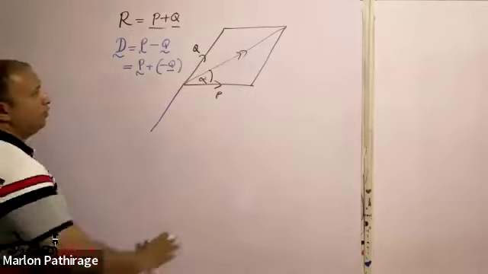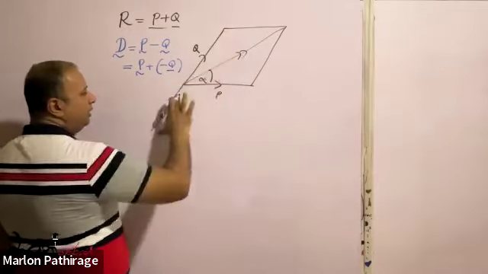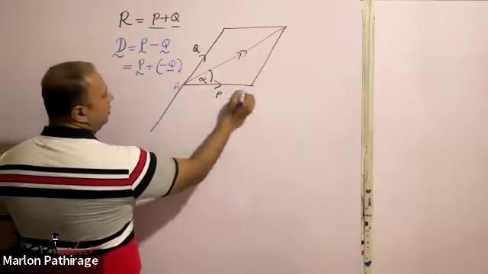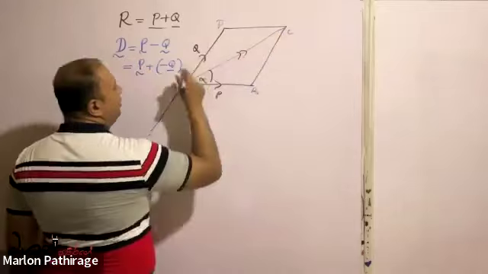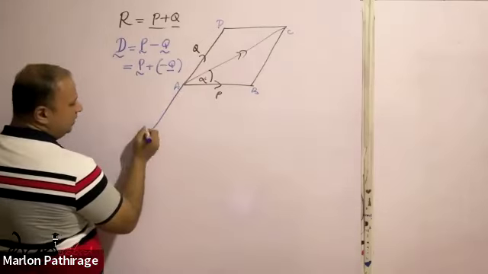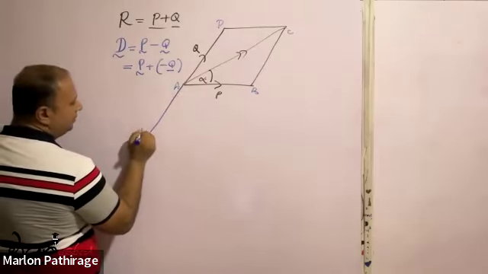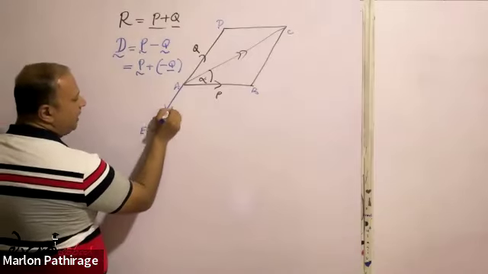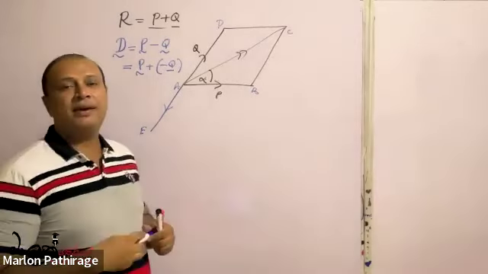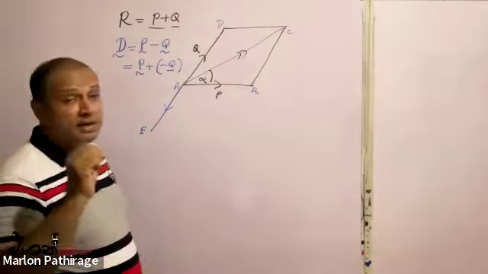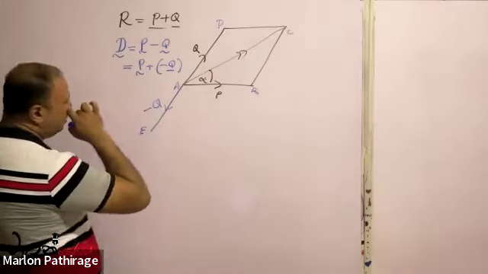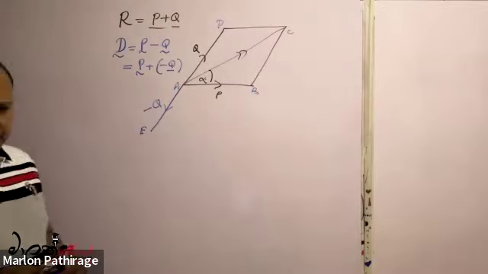If I draw an equal line segment, suppose this is A, B, C, D, then if I draw a line segment equal to AD, suppose it is A, B, C, D, E, then the vector AE can represent the minus Q vector.